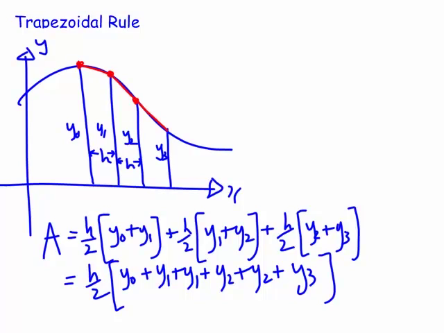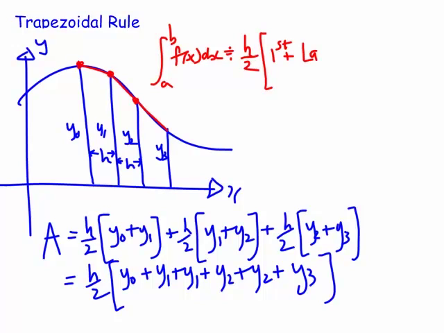So this gives us the general rule, which is that the integral from a to b of f(x) dx is approximately equal to h on 2, the width on 2, times the first plus the last, plus twice the sum of the others.